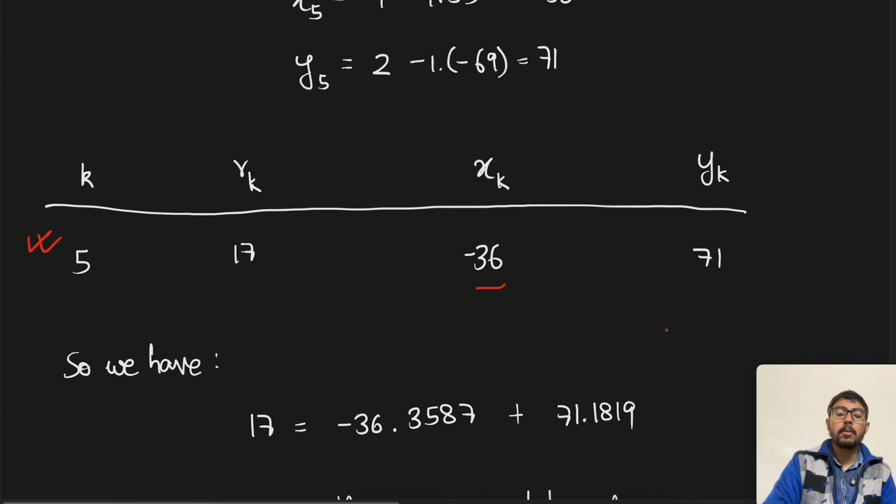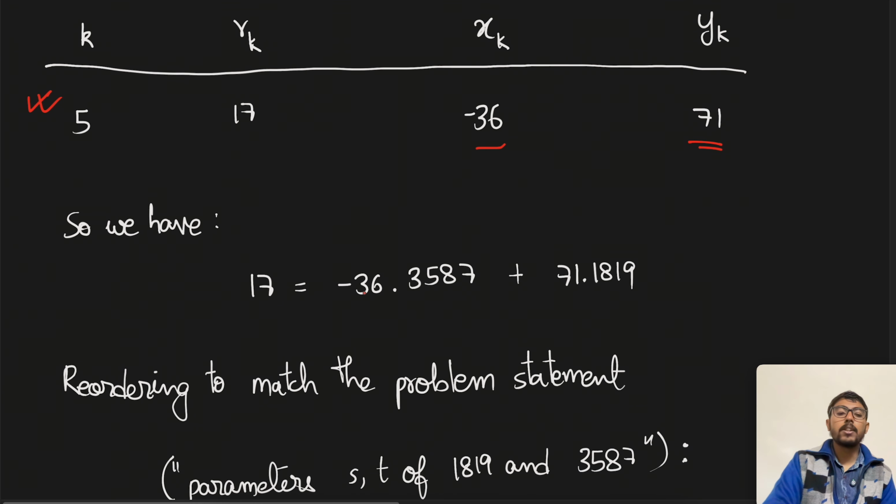Now these are the two numbers that we would need to find S and T, which is 17 equals minus 36 times the first number, right, Xk, and Yk times the second number, right.